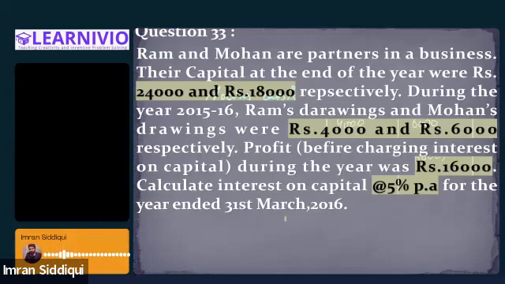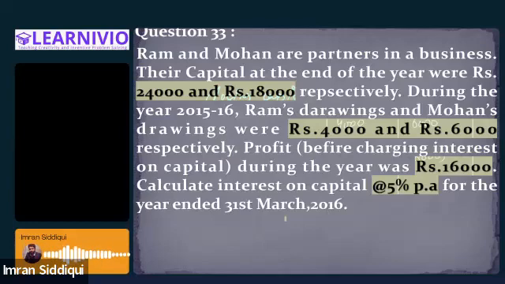We'll have to subtract this. Now tell me, the opening capital balance will be: out of 24,000, we'll add 4,000 and subtract 8,000, we'll get 20,000. And for Mohan, we'll add 6,000 and subtract 8,000, that will give us 16,000.